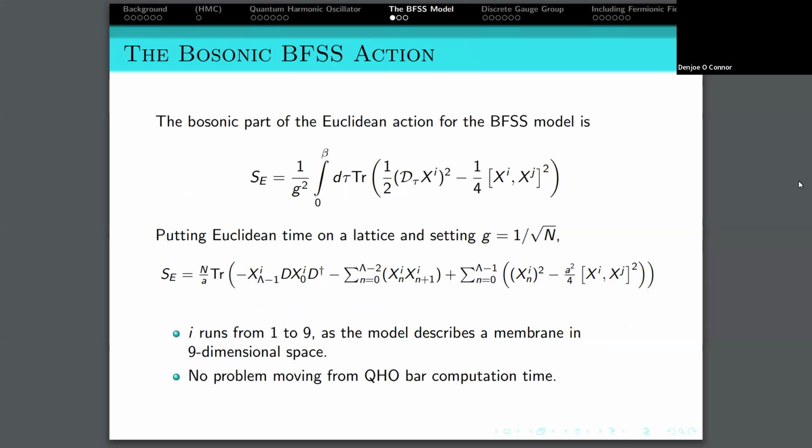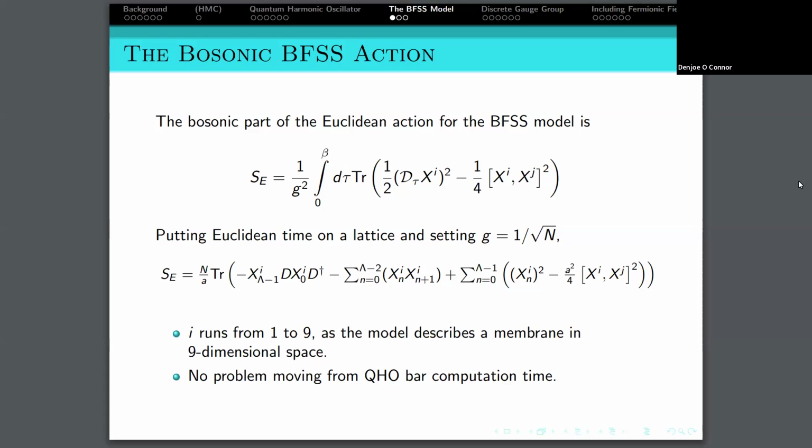Again, we do the same thing with the lattice. These here are the Kolm elements again. And these x_i we sort of moved up. So now there are multiple x matrices per site on the lattice. So this i runs from 1 to 9. This represents the 9-dimensional membrane in this space here.